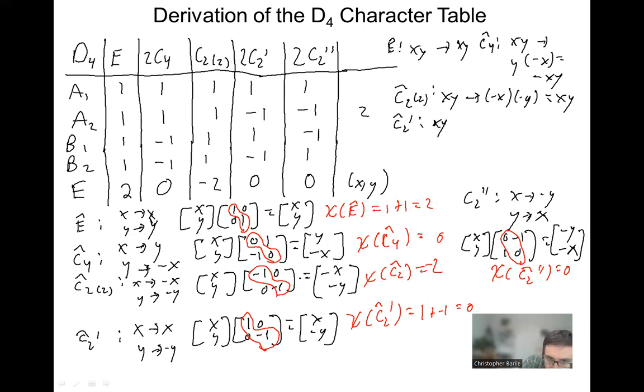Well, C2 prime took x to x and y to negative y. So that's negative xy. So our characters, oh, not quite, one more left, C2 double prime, what did that do? That took x to negative y and y to x, y to negative x, sorry.